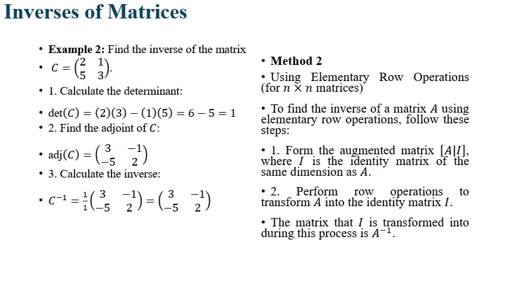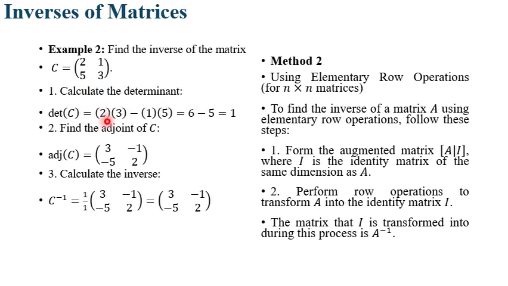All right then, let's just attempt an example. Okay, now find the inverse of the matrix C, and these are the elements in the matrix C. So how do we do that? Do not forget the formula and the method we have just considered.